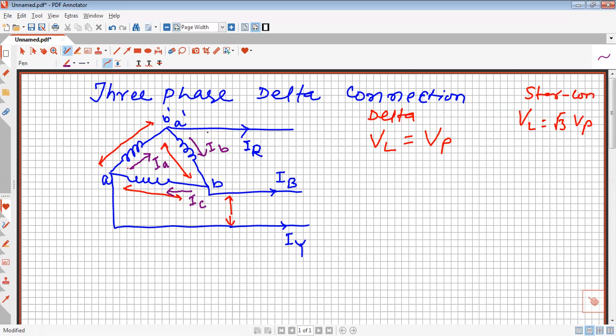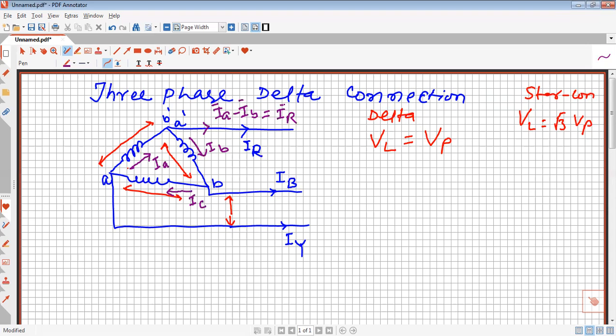Definitely from here we can see that IA is coming here and IB is going here. So as per Kirchhoff's current law, the amount of current flowing in this line will be the phasor difference IA minus IB. This is the phasor difference, not the algebraic difference. So this current will be equal to IR.